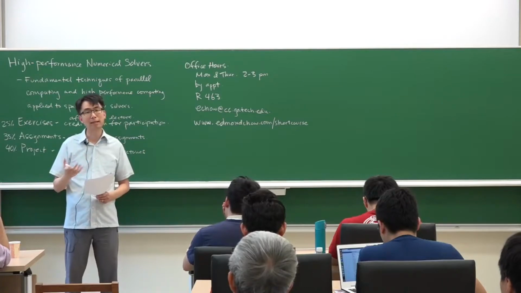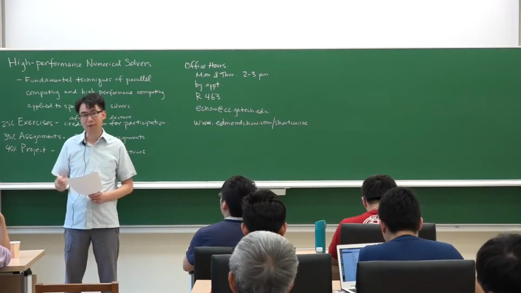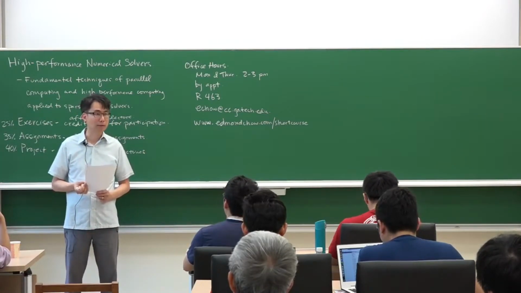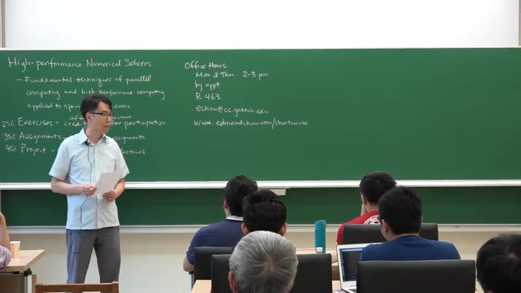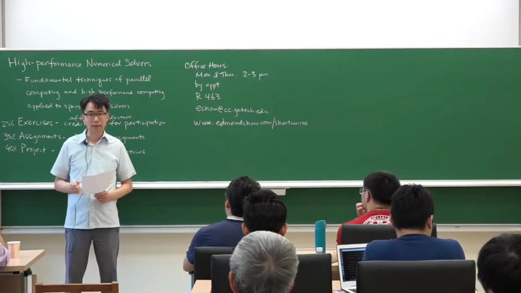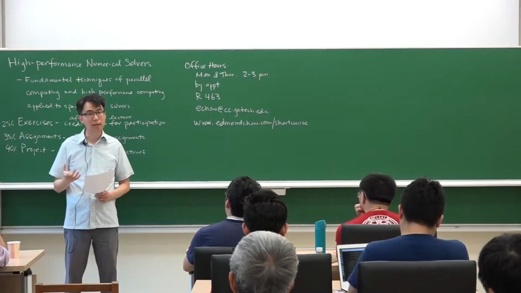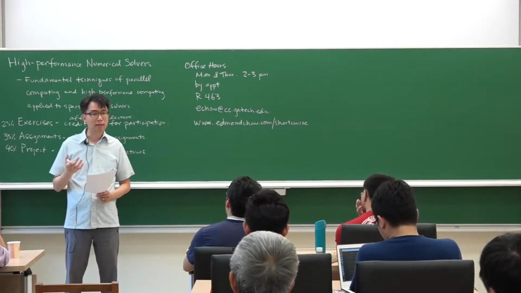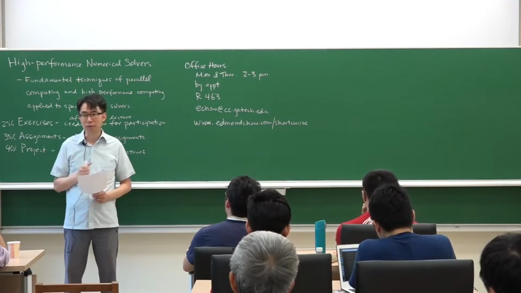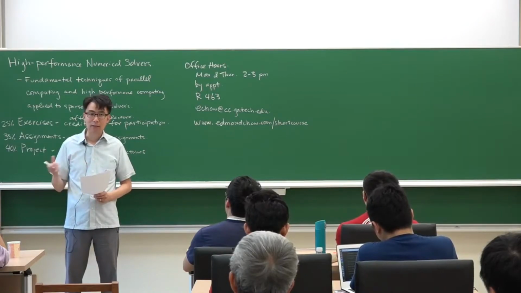So we have to say a little bit about what are some characteristics of the problems that we want to solve. And also something that is very important for parallel computing is to understand something about the relationship of the variables in the equations.